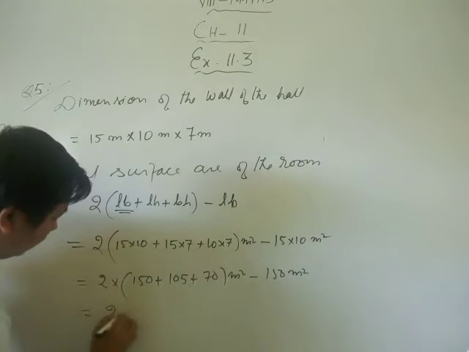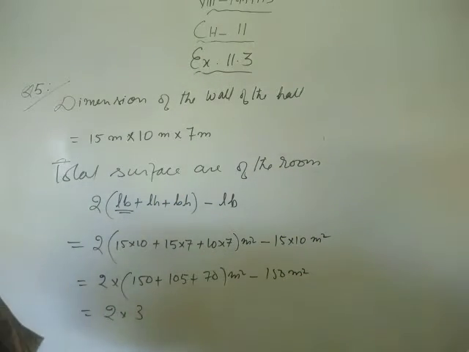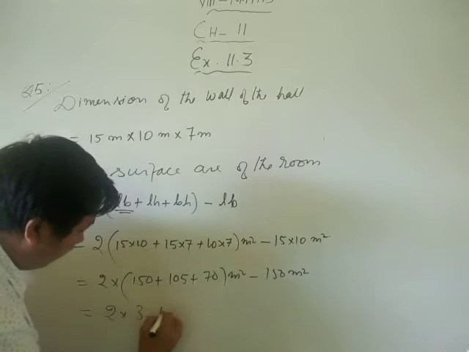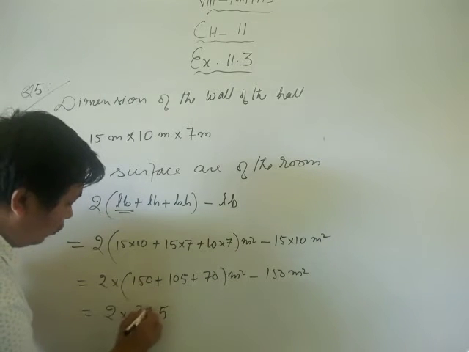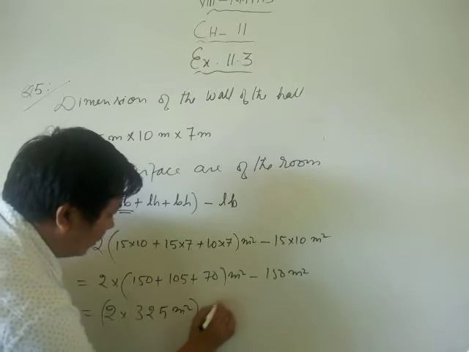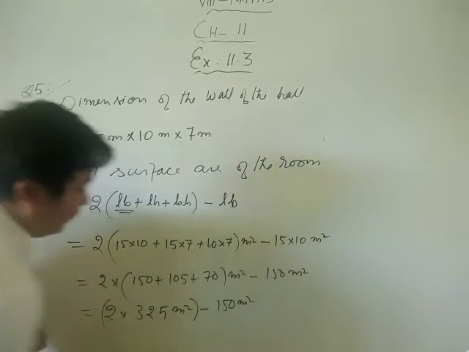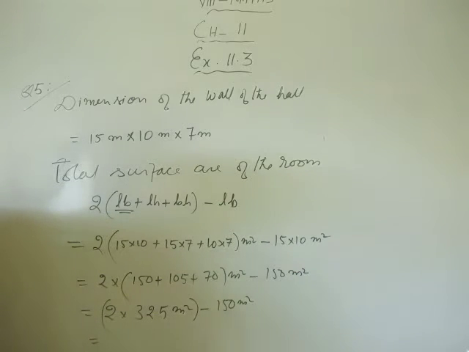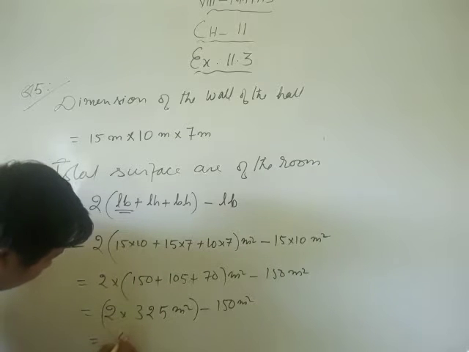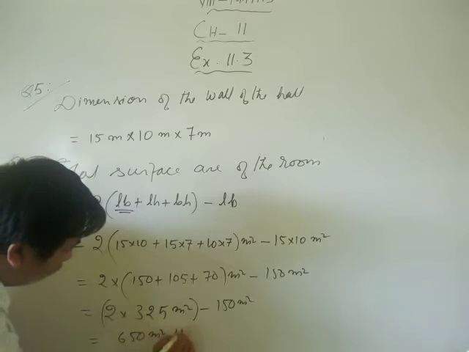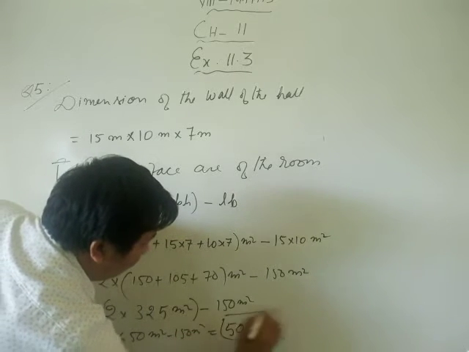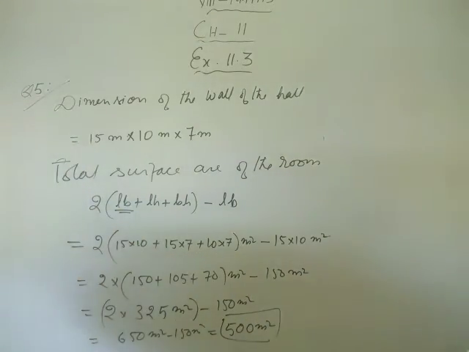Now you get 2 into 325 meters square minus 150 meters square. This will be 650 meter square minus 150 meters square. That means you are getting here 500 meters square. So 500 meters square is the total surface area to be painted.